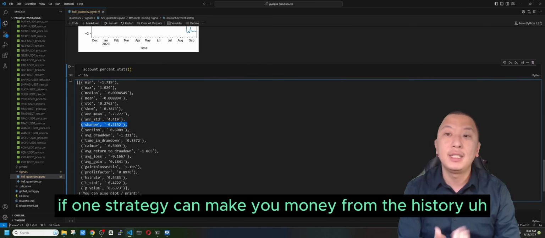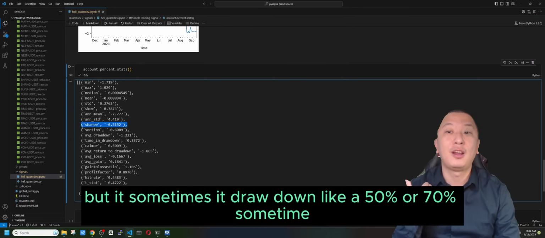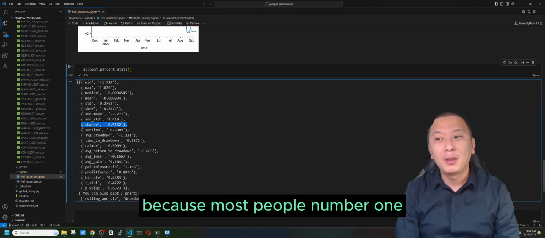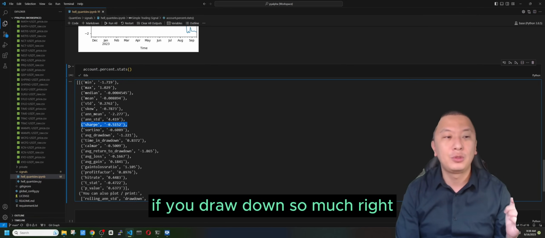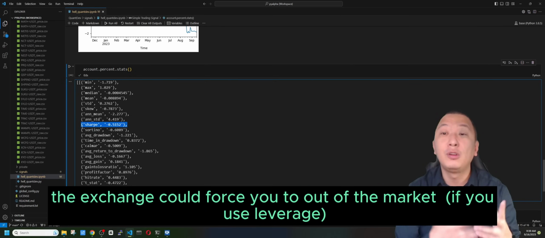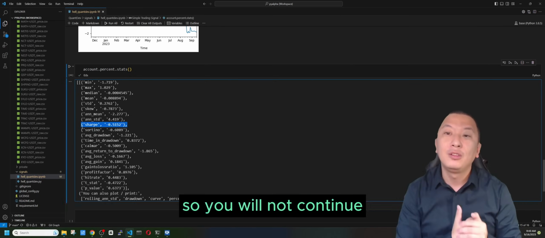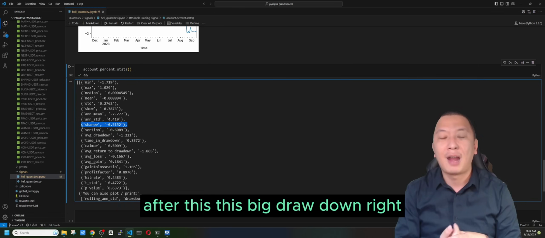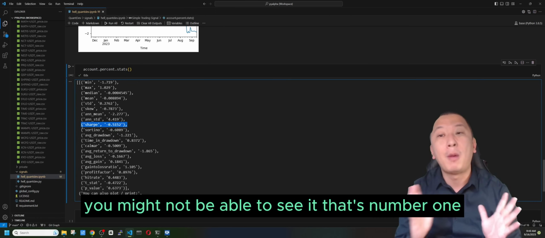If one strategy can make you money from the history, but sometimes has a drawdown like 50% or 70%, is it really a good strategy that you want to trade, right? Because most people, number one, if you draw down so much, your brokerage or the exchange could force you out of the market, so you will not continue even though there's some reversion after this big drawdown. You might not be able to see it.